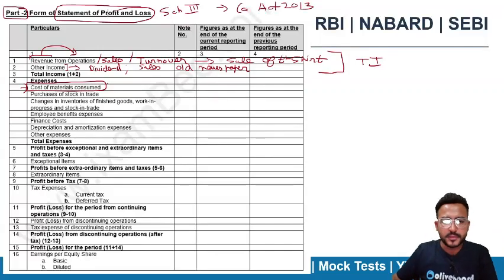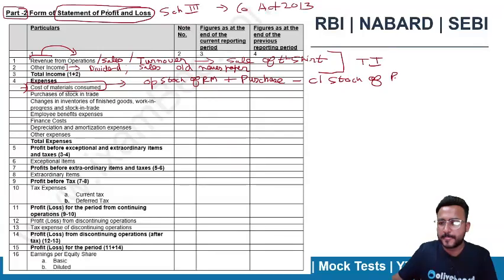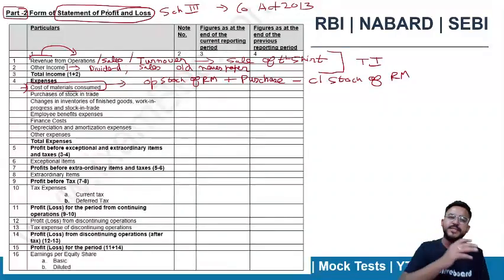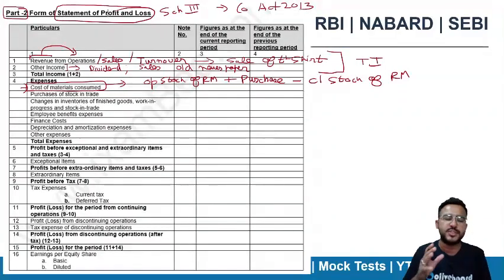The formula to calculate consumption is opening stock of raw material plus purchase minus closing stock. Opening stock of raw material plus purchase minus closing stock of raw material. That's the formula to calculate this consumed.